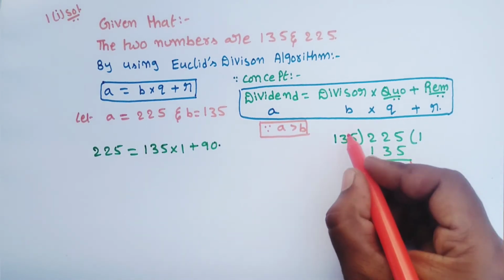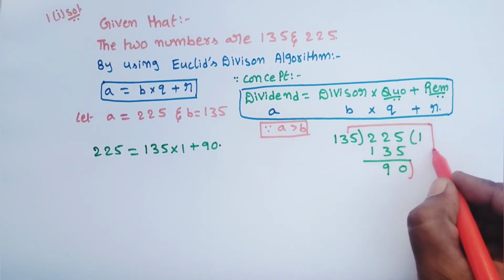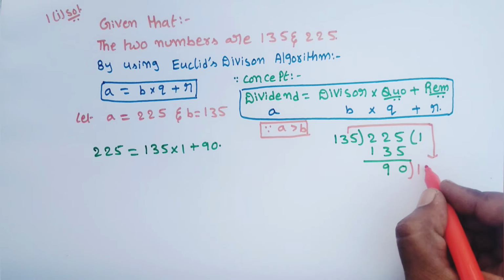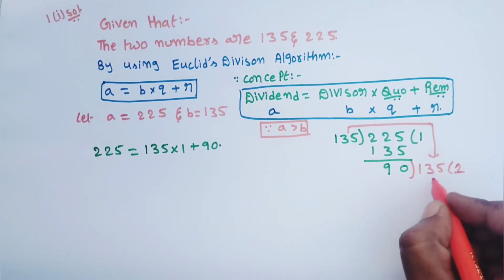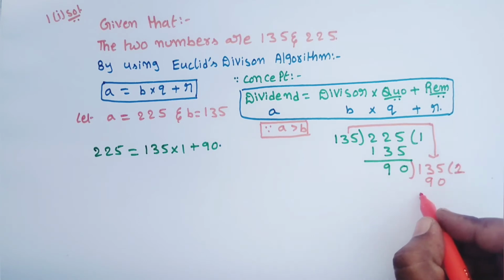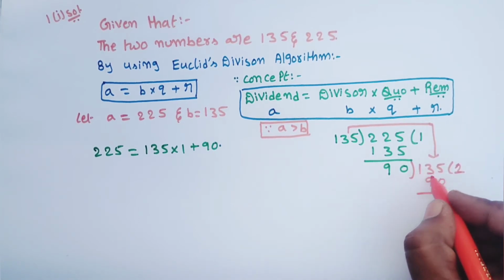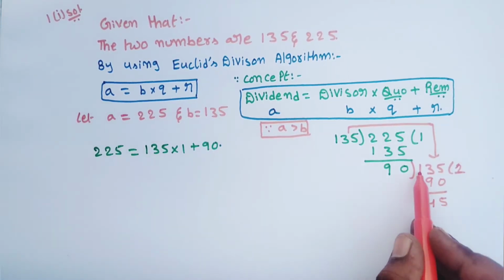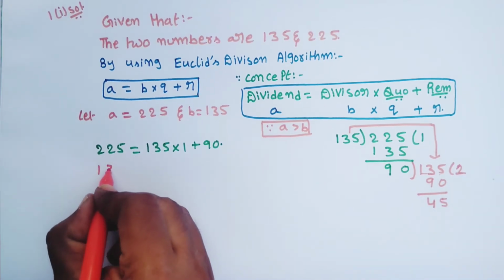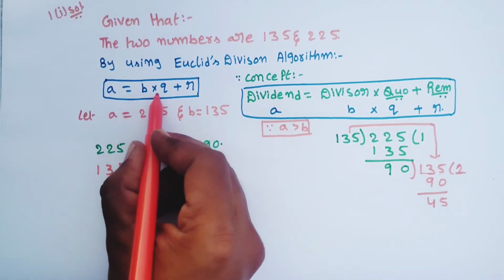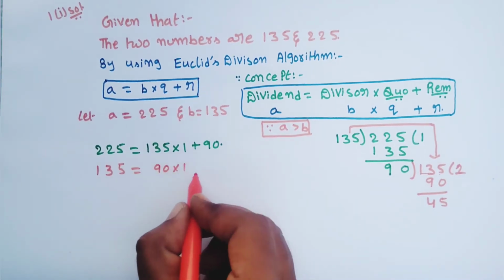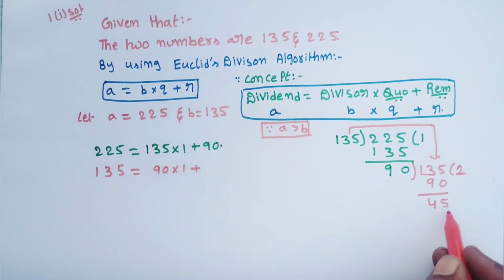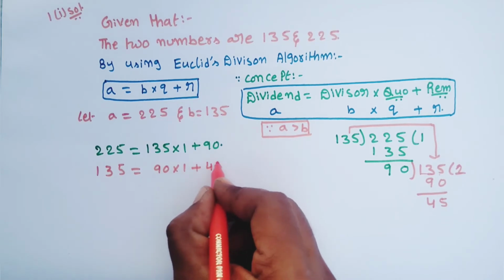Next, the previous divisor now comes as the dividend, that is 135. Now 90 ones are 90, subtract from 135. 5 minus 0 is 5, 13 minus 9 is 4, where A value 135 equals B into Q, that is 90 into 1 plus remainder R value 45.